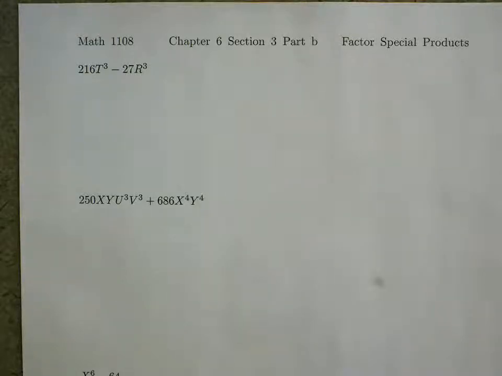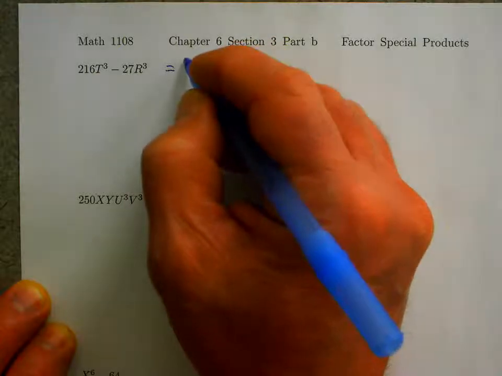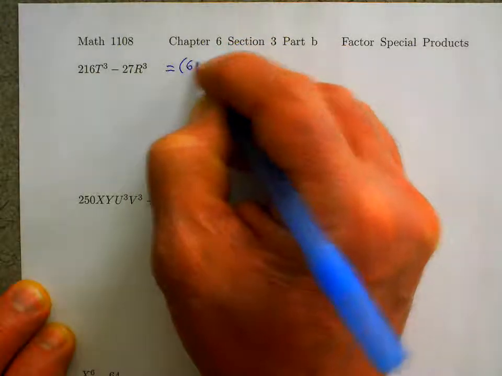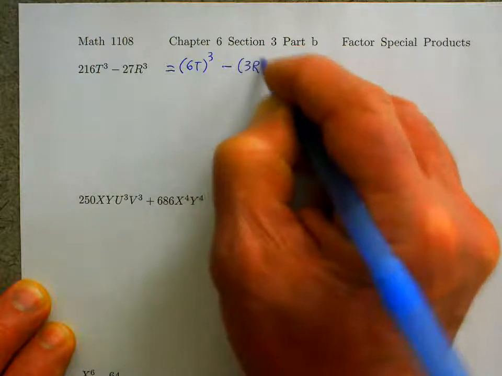The greatest common factor is 1. 216 is 6 to the third. 27 is 3 to the third. So what we have is a difference of cubes. So we can rewrite it as the term 6t to the third minus 3r to the third.